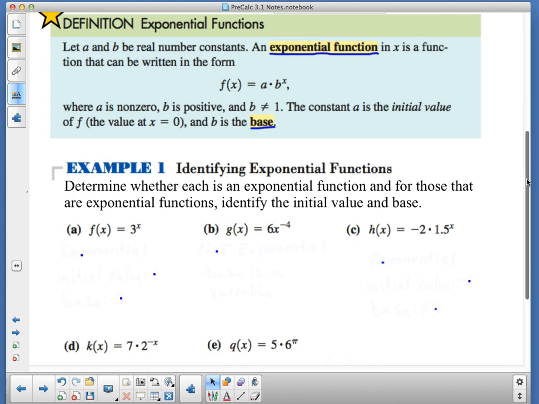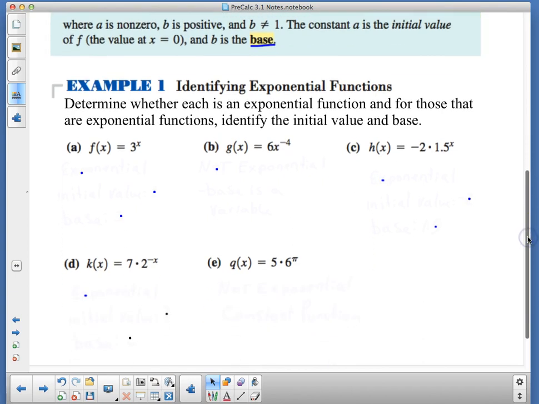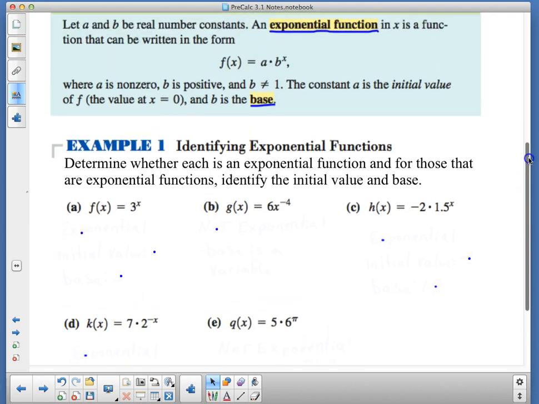So knowing those things, I want you to look at these next 5 examples and determine whether each is an exponential function, and for those that are exponential functions, identify the initial value and its base. So you're just using what we just talked about, defining what an exponential function is.